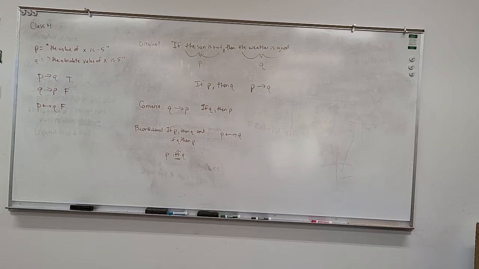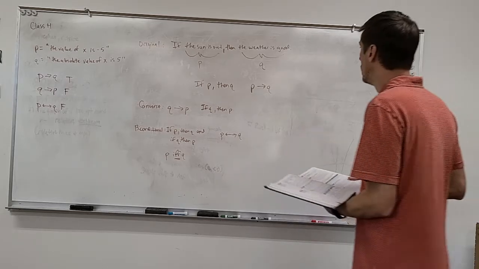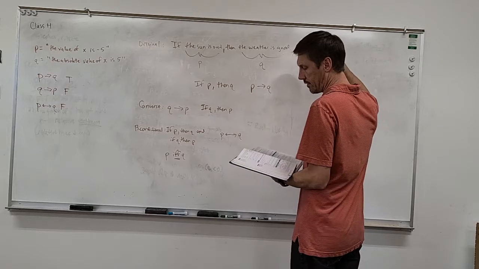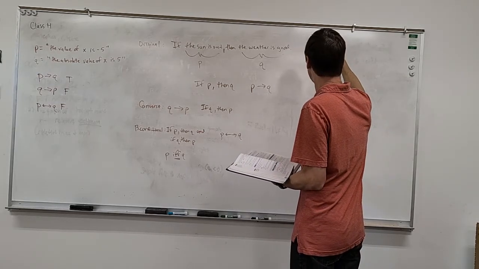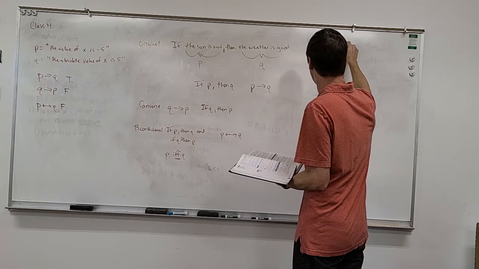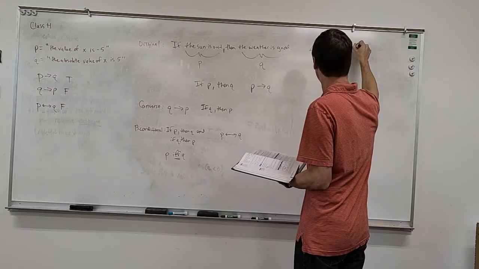Let's just talk about another symbol that you need to be familiar with, and it's the negation symbol. So the example they have here, we have a statement, angle 3 measures 90 degrees.